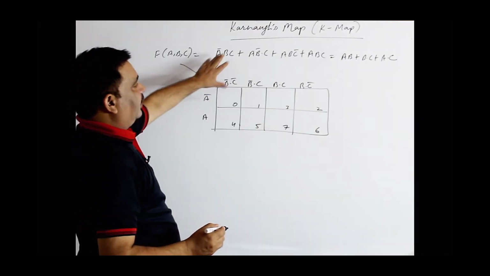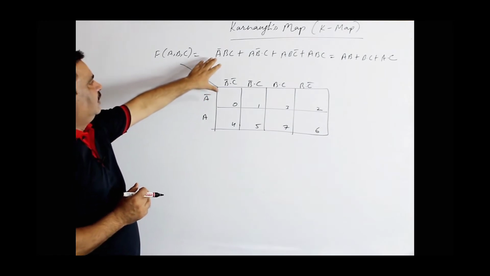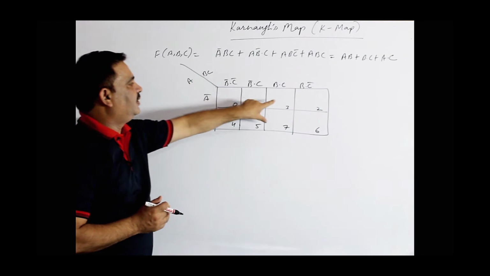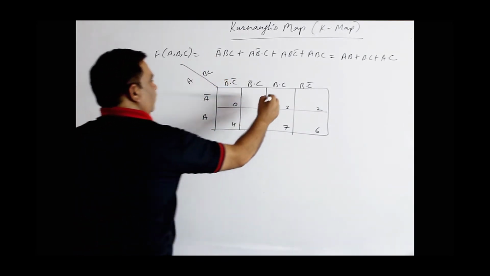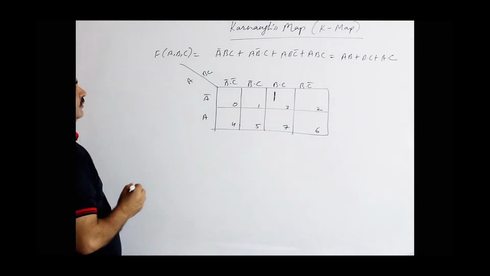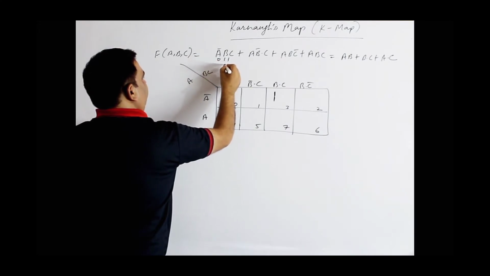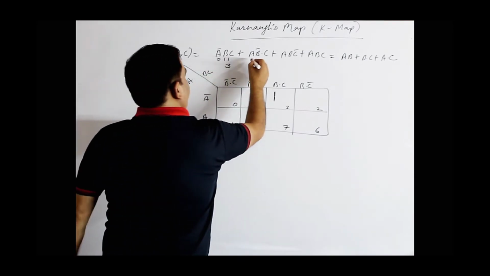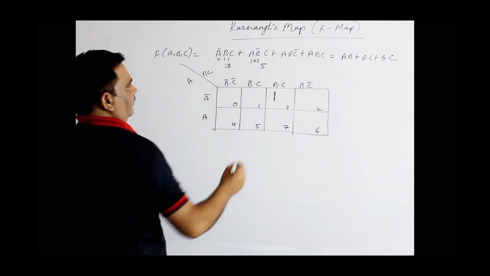Now, what you have to do? How will you solve the Boolean expressions? A complement B C. A complement B C is 3, or you can say 0, 1, 1. So, fill it with 1. I am writing here 0, 1, 1, which is the designation of 3. Here 1, 0, 1, which is the binary of 5.